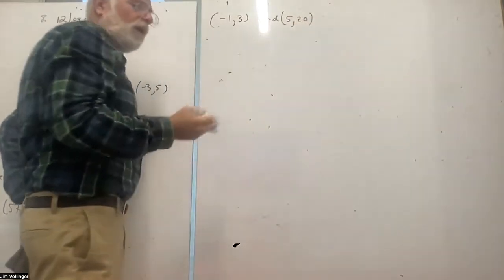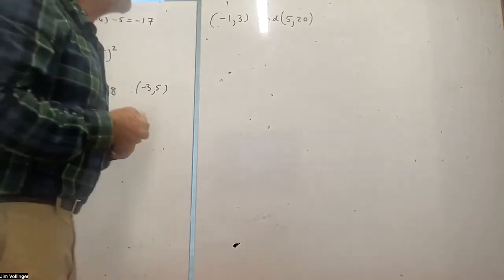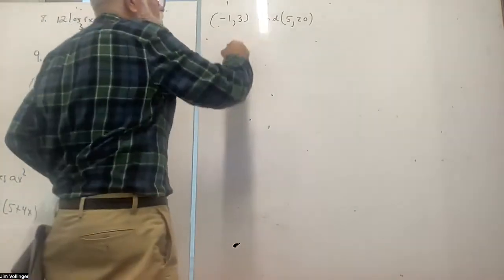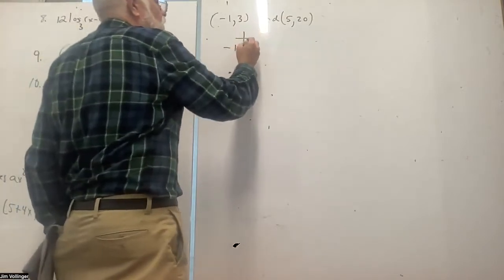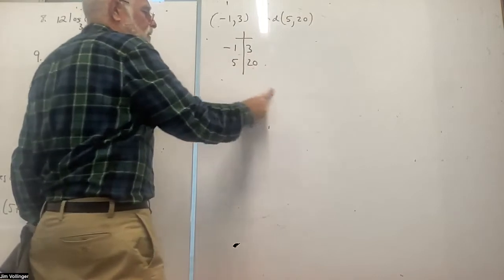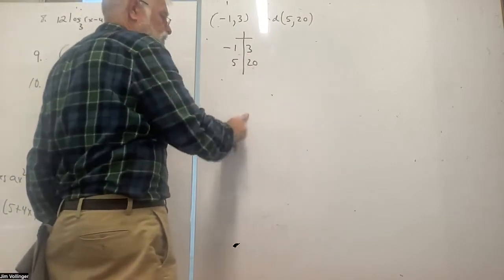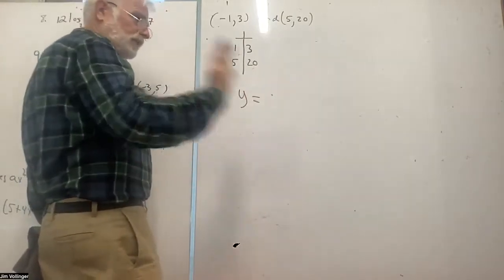All right, so you're going to pause the video, and I'm just going to continue working. For those who are having a little difficulty with this, rewrite it the way we looked at it in class: -1, 3, 5, 20, and hopefully that brings you back to what we were doing earlier today. So what does the equation equal? I'm going to just do it.